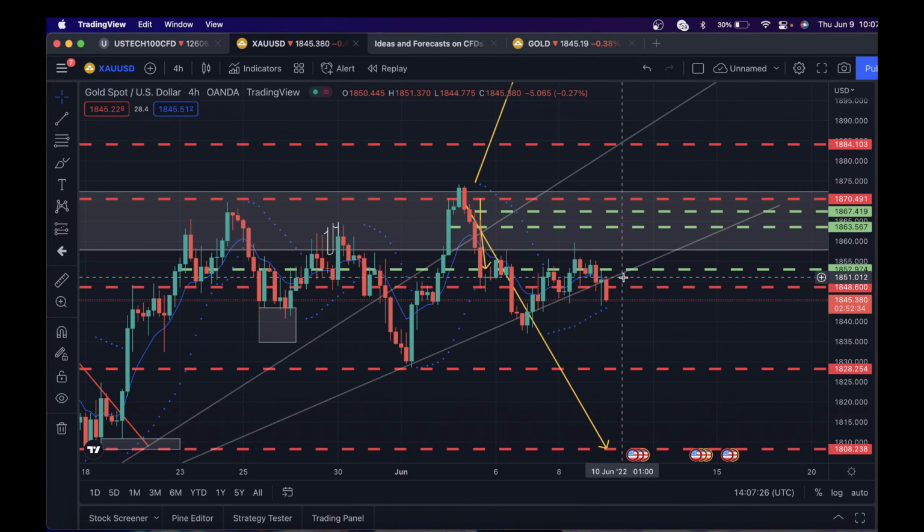As we see, I have a sell position from 1858 and one more sell position from 1870.74. I'm still holding that, and I also opened a sell position of 0.05 lot at 1850. It's also running in profit now.